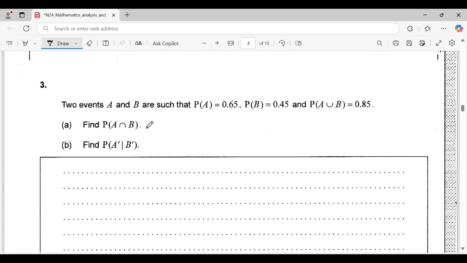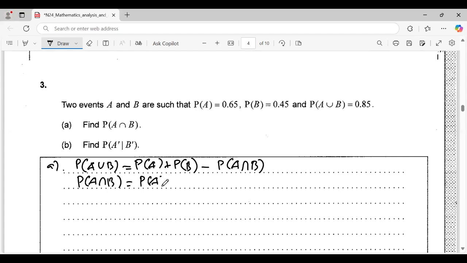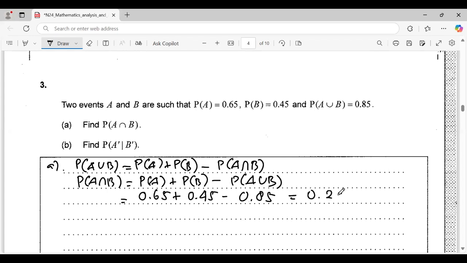Find probability A intersection B. We can use the formula that probability A union B equals probability A plus probability B minus probability A intersection B. If probability A intersection B is the subject, we can rearrange it to probability A plus probability B minus probability A union B. So it's going to be 0.65 plus 0.45 minus 0.85. And if you calculate, the result is 0.25.